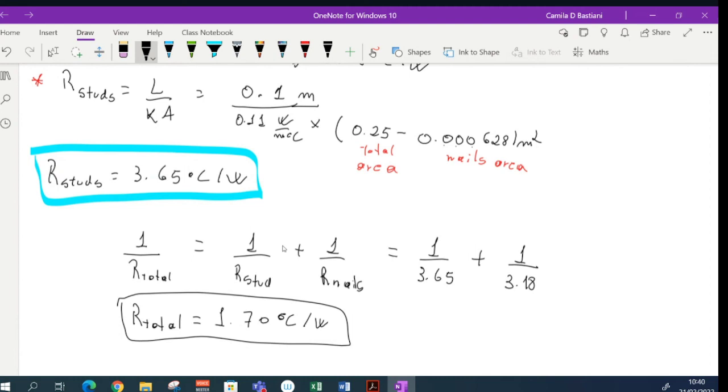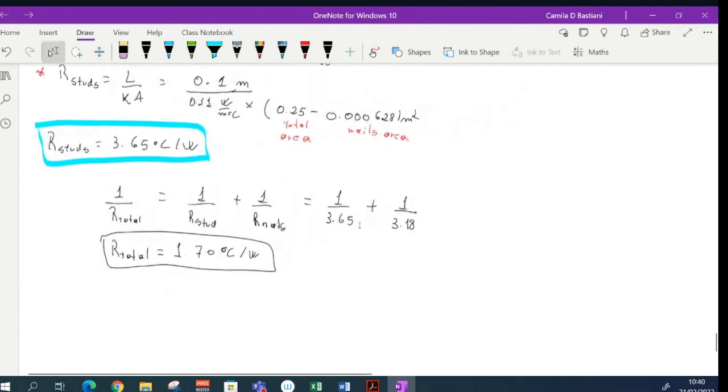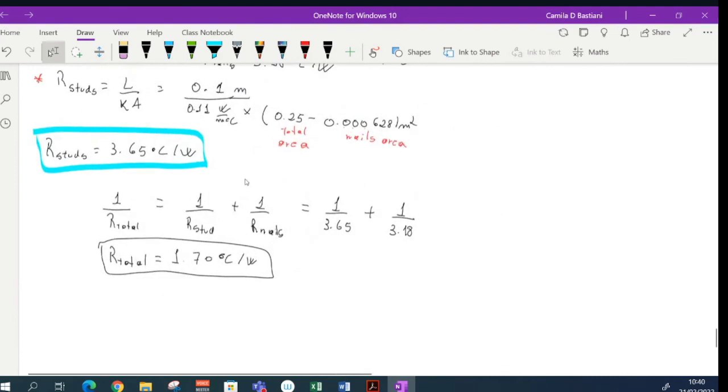What I want here, I want my heat transfer, right? So my heat transfer rate is equal to delta T divided by my resistance of the stud combination. 80 degrees Celsius divided by 1.70 degrees Celsius per watt.